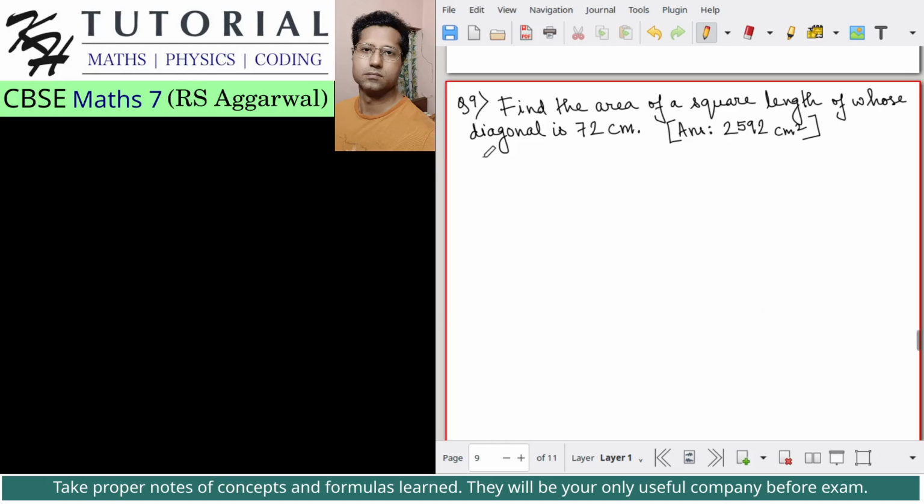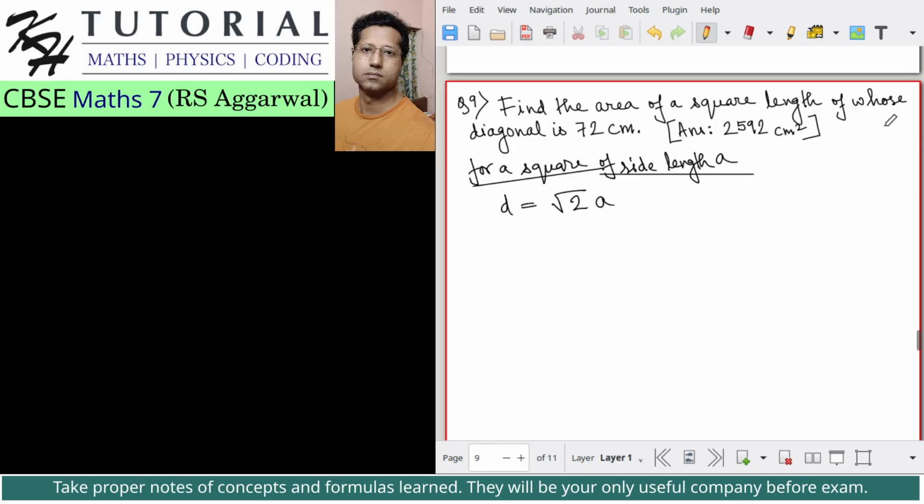So we know that for a square, if D is the diagonal, then the diagonal is equal to square root of 2 multiplied by A, for a square of side length A.